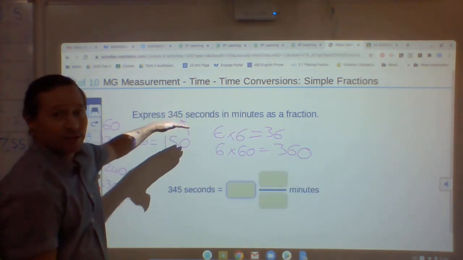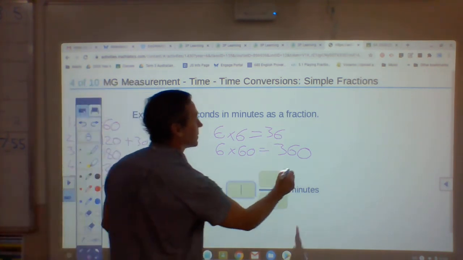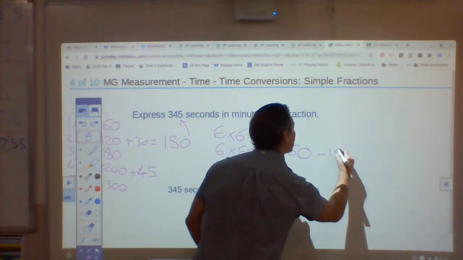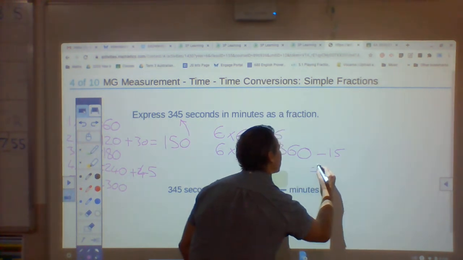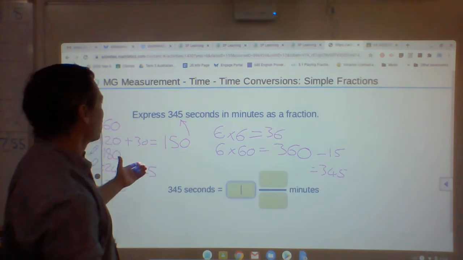That's not too far away from 345. So if I minus 15 from that, minus 15 should give me 345. Yep, that seems to work.